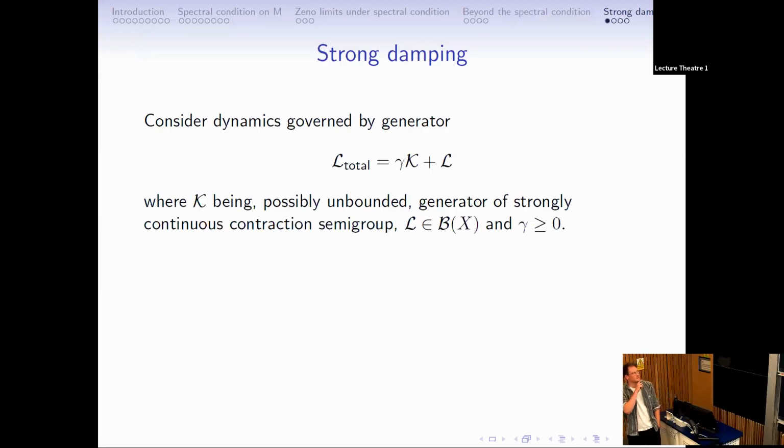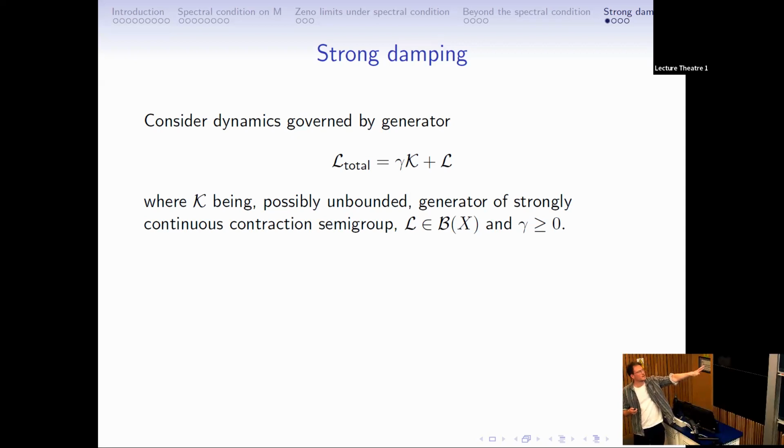And then as the last thing, I do something not Zeno, but related to Zeno, maybe a bit more related to the previous talks, where my dynamics is governed by two competing dynamics, some K and some L. And K is the more dominant one. It gets amplified by this parameter gamma.